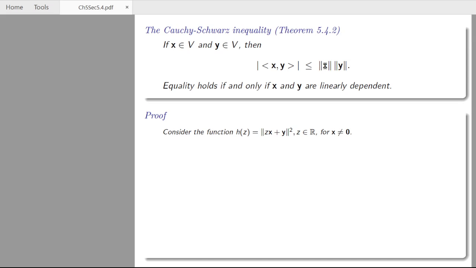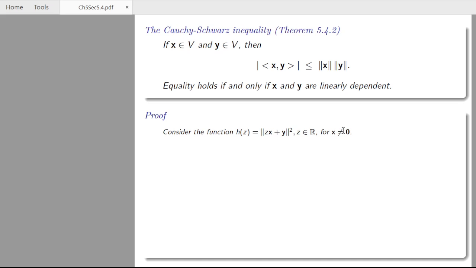So the inequality becomes an equality, which is for sure true. Similarly, if y is the 0 vector, both sides are 0. So we don't need to say more for the case x or y equals 0.